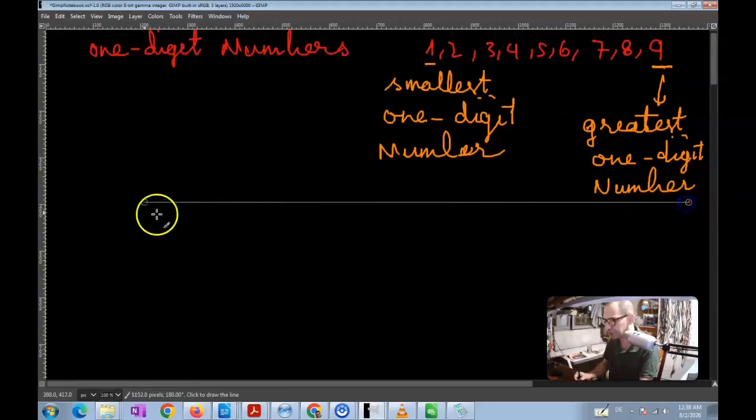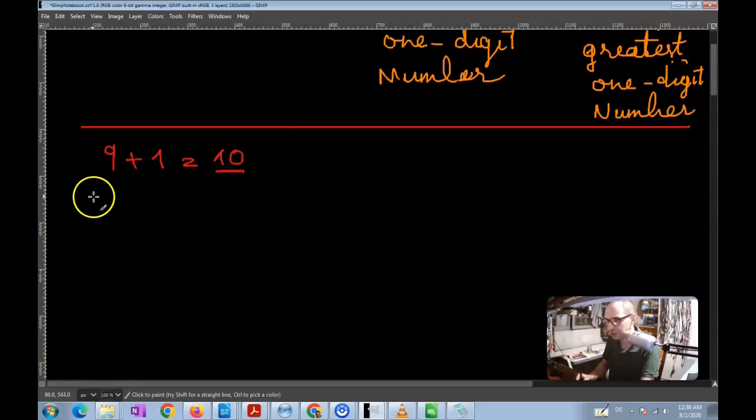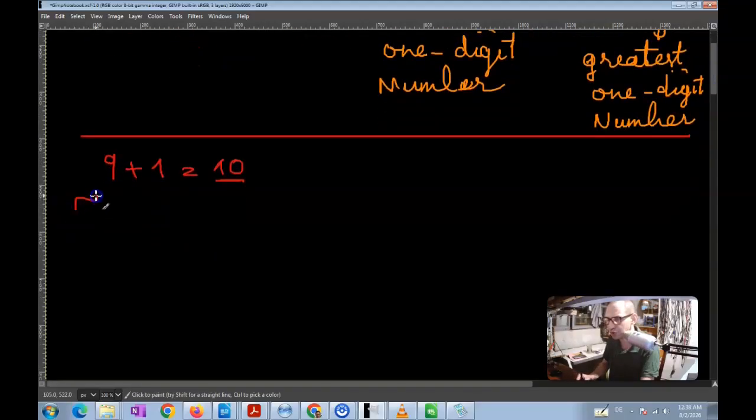And in order to move forward, you take the greatest one-digit number, which is 9, and if I add 1 to it, I will get a 10, which then automatically becomes a two-digit number, right? So 9 plus 1 becomes 10, which is a two-digit number. And so then we can talk about the two-digit numbers.